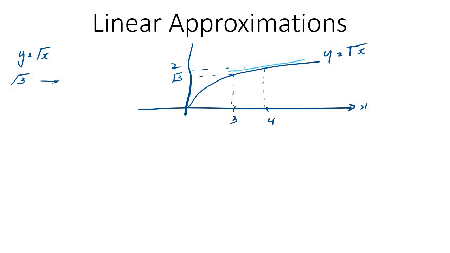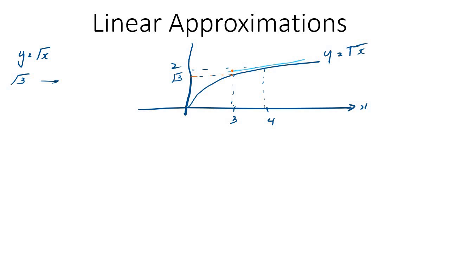So instead of getting the value at x equals square root of 3, what we can do is use this tangent and substitute the value into the tangential line and see what the value here is, and that would be a linear approximation for square root of 3, which is this point.